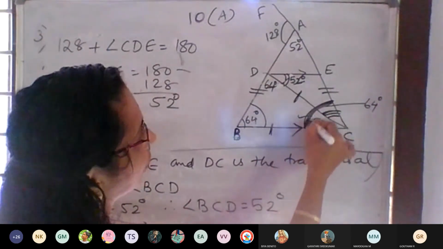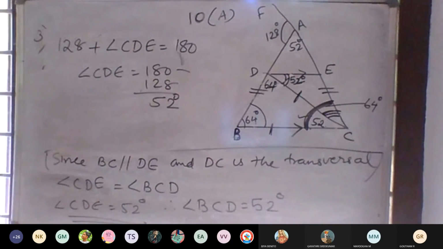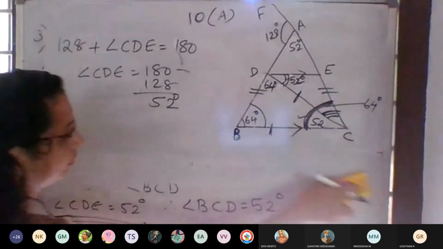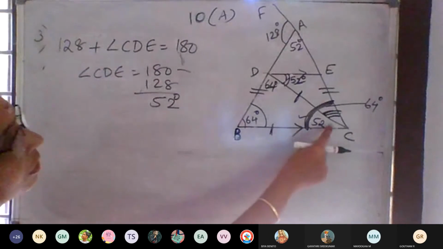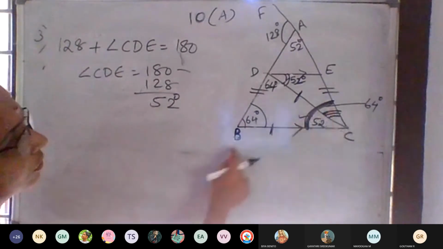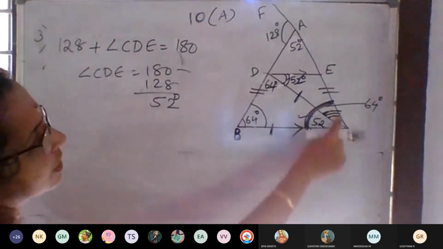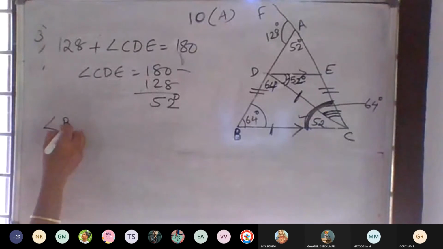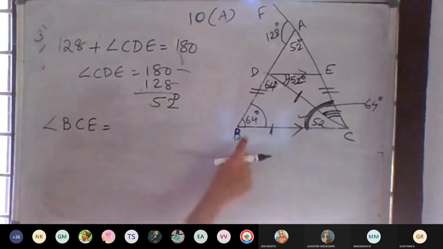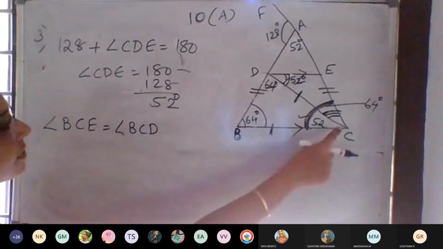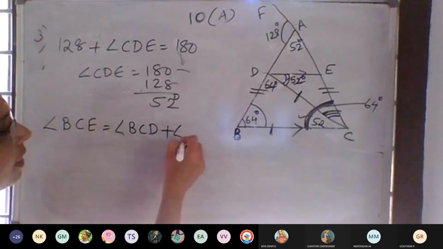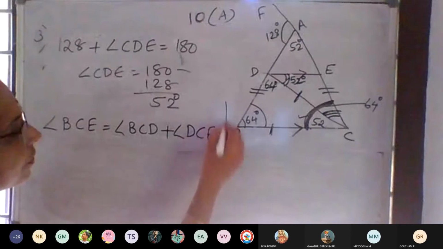Total 64 we have. What will be the remaining? Which one do we have to find out? This angle, BCE. Angle BCE is the sum of angle BCD, where you split C, plus angle DCE.